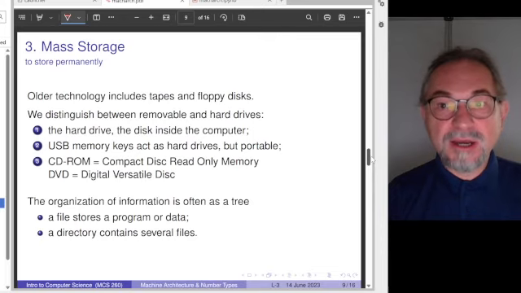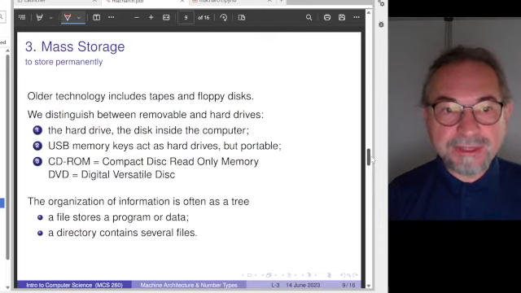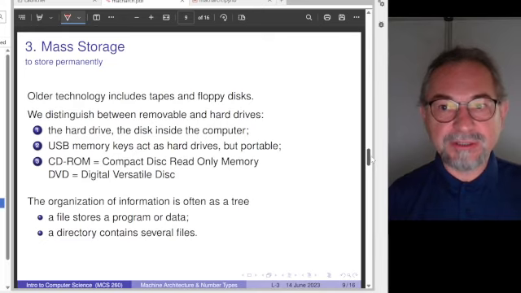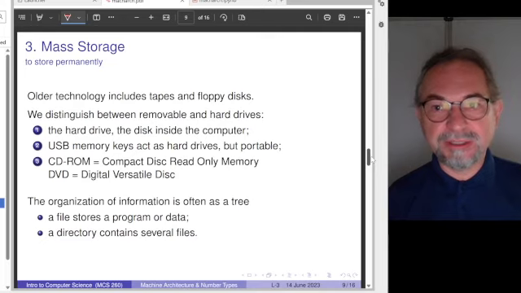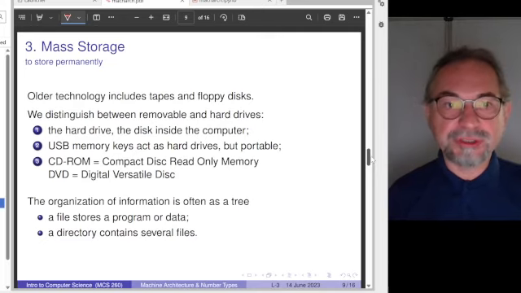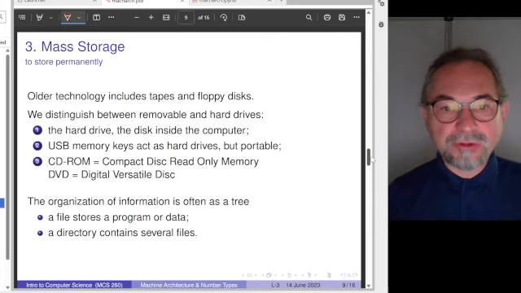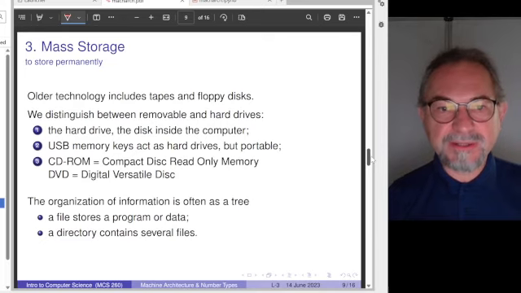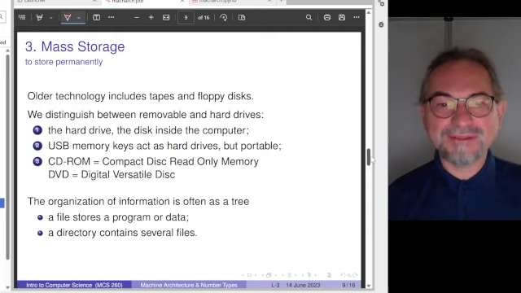All right. Memory and storage. In the last session, we distinguished memory, which was volatile, from storage, which is persistent. Also here we can classify older technology: tapes and floppy disks. In some sense, a CD-ROM and a DVD might also be classified now as older technology.